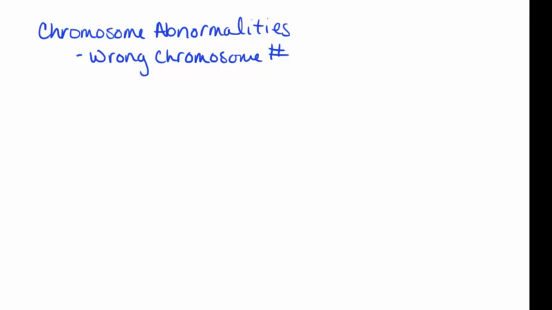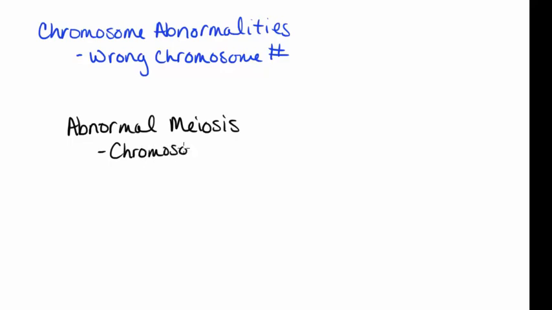Well, the way that this occurs is that this is based on an abnormality or abnormal meiosis. And specifically what we're talking about causing this is that the chromosomes do not separate as they should.